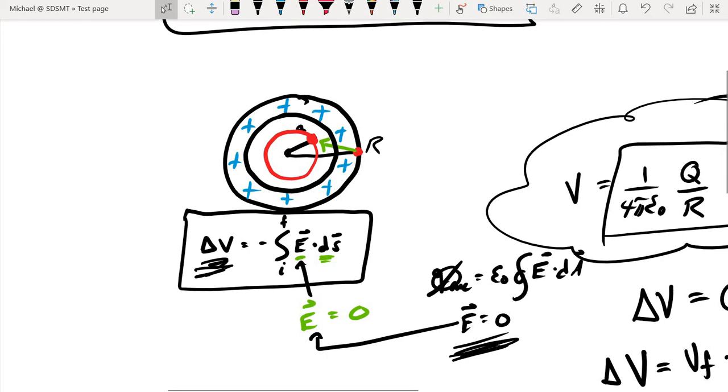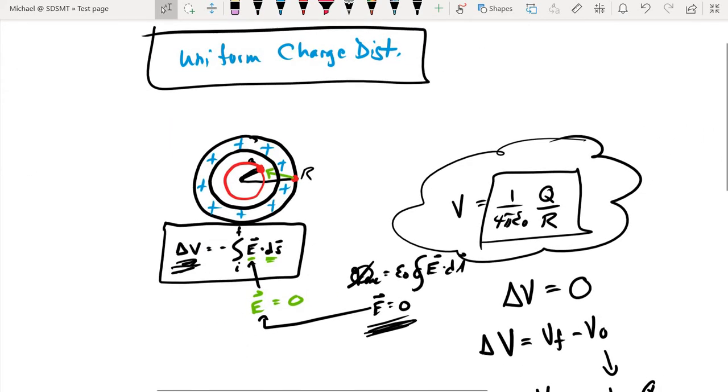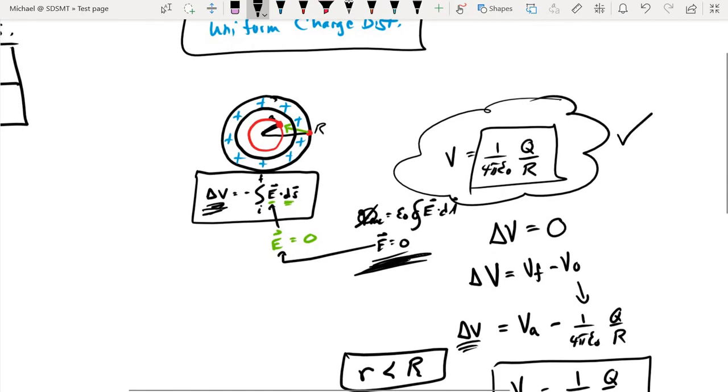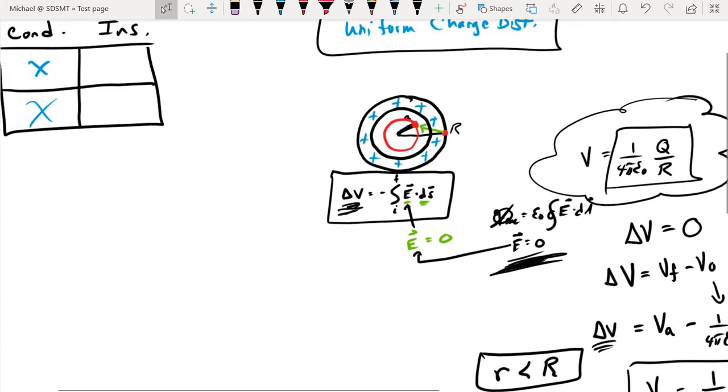I want to know the potential at that radius of A. But in terms of the placement of the charge and the way that Gauss's law works, we end up with the same result yet again. The potential anywhere inside this hollow conducting sphere is going to equal the potential at the surface of the sphere. End of story.